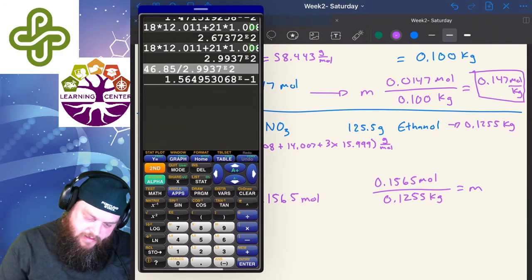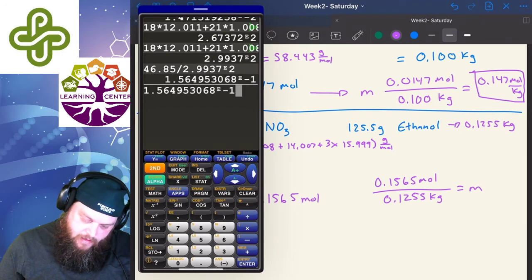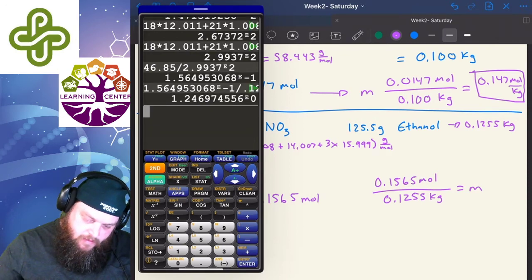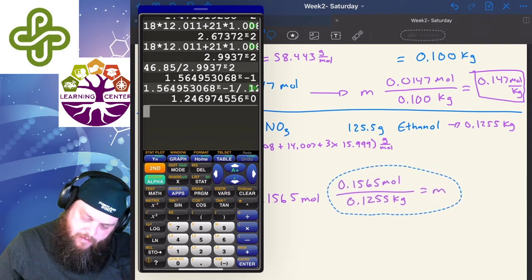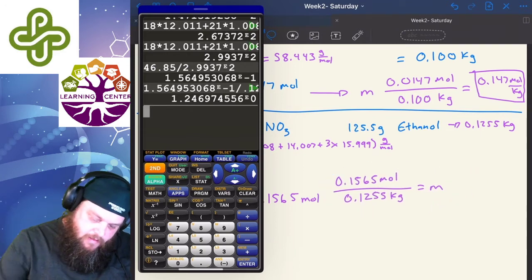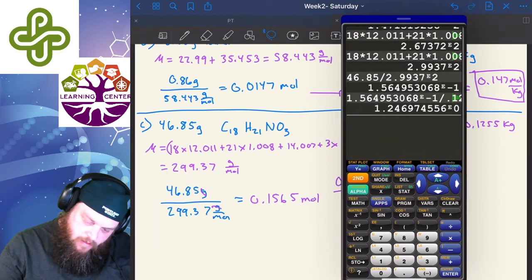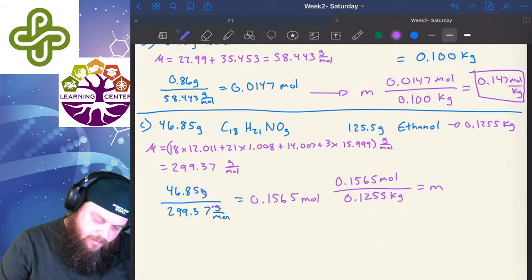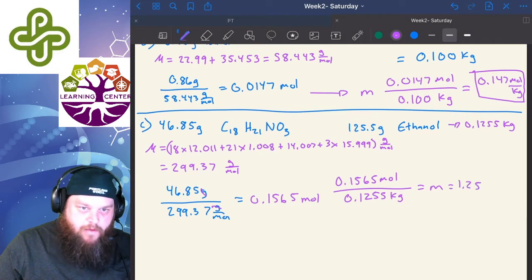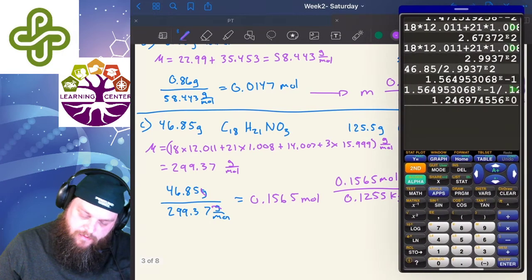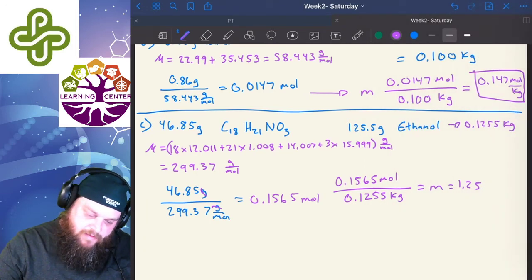So I take this number here, and I'm going to divide that by 0.1255. That's going to be equal to 1.247, which is better, to 4 sig figs.